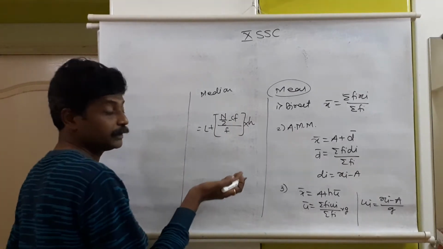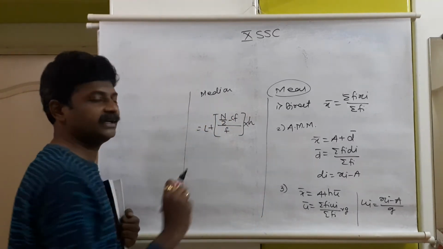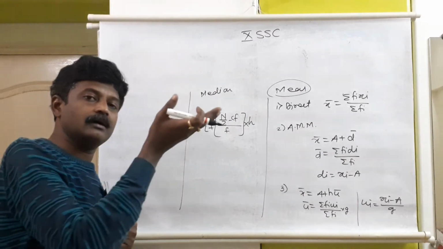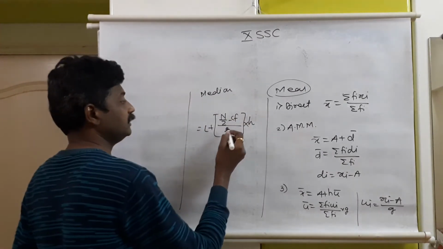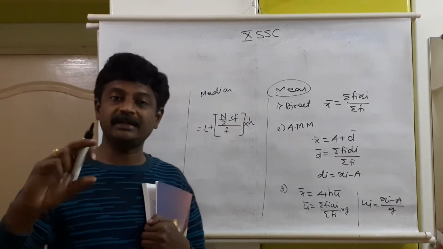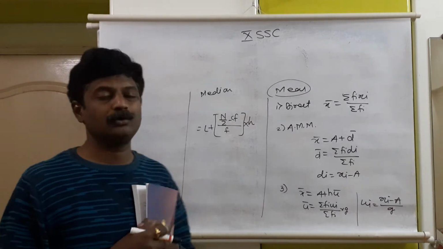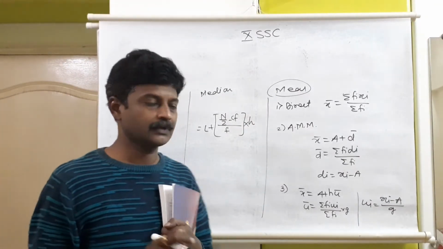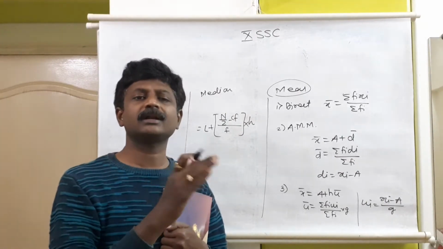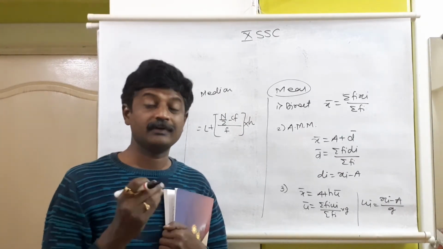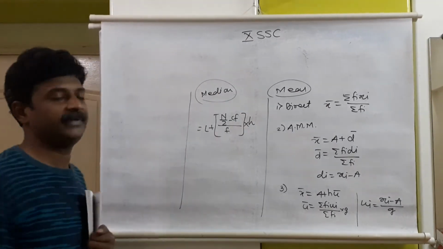CF is the cumulative frequency of the previous class of the median class. F is the frequency of the median class, and H is nothing but the difference between the upper and lower limit of the median class when the classes are continuous. That is the value of H. There we will get the median.